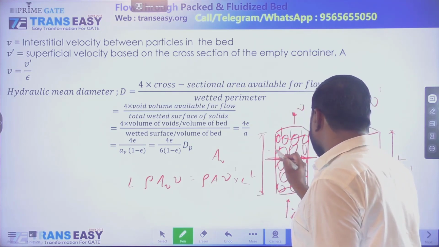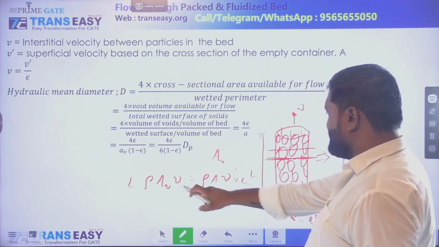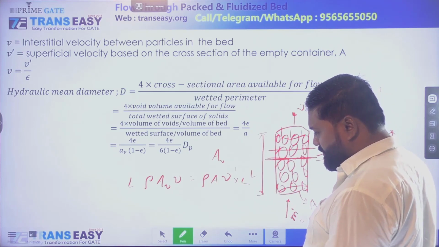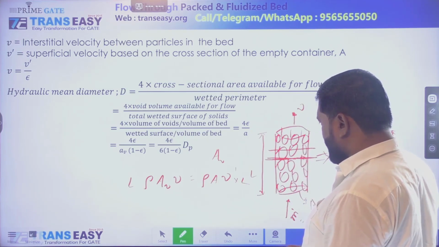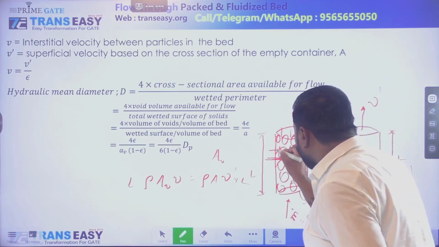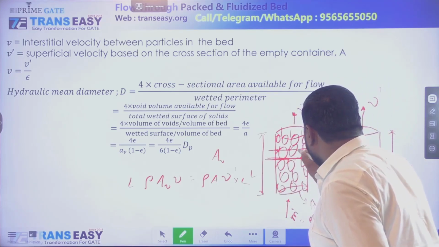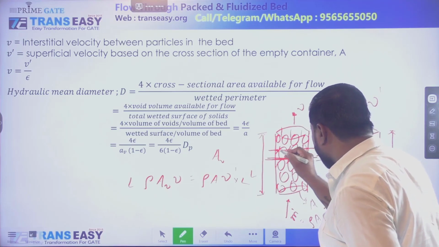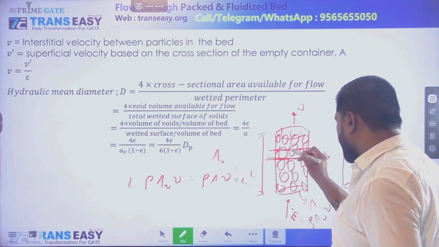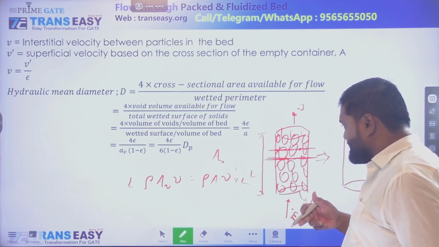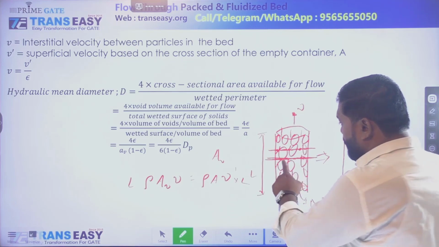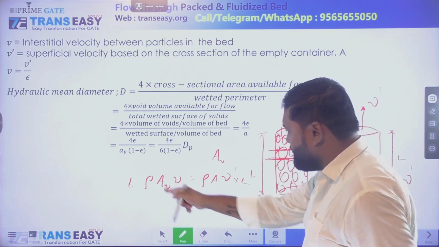Is that understood? This Av is the area constituted in a cross section due to the presence of voids only. So this area plus this area plus this area, not this area, this area, this area. In this cross section, this area is by solid particles and this is by voids, right? So flow is through the voids, and this indicates the void area in a cross section.